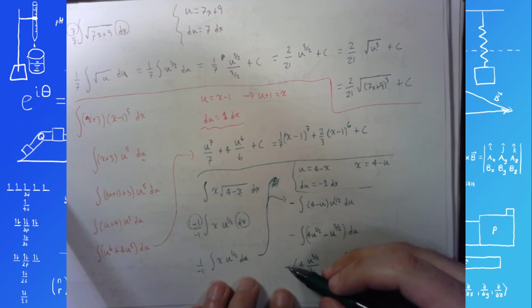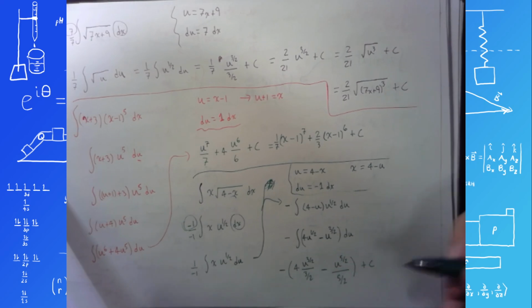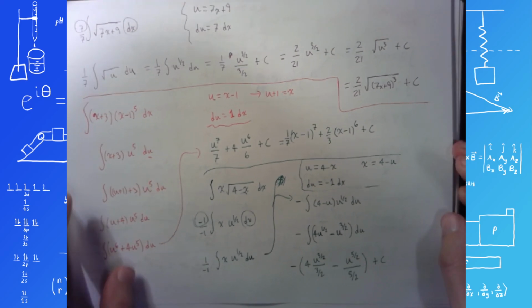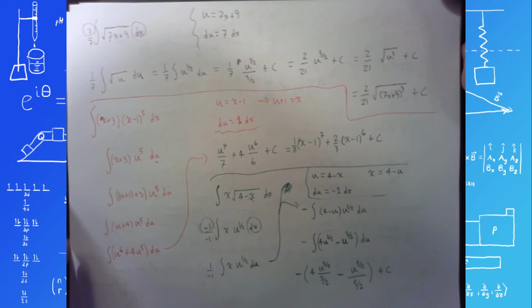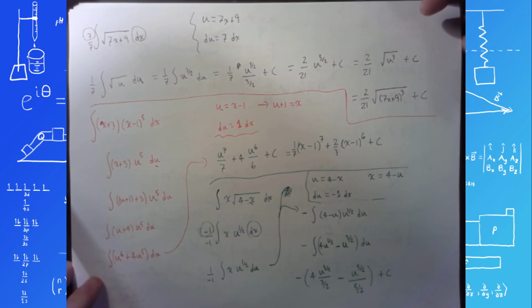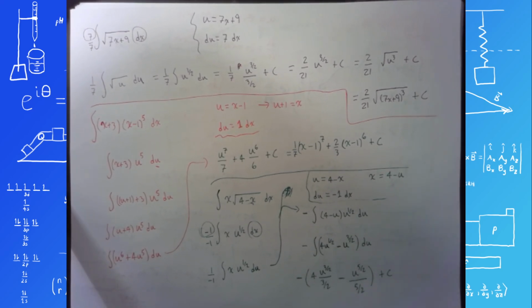And again, the negative sign, I could distribute it to the plus c, but the negative of a constant is just another arbitrary constant. Since we don't know what c is anyway, it doesn't matter whether we multiply it by a negative. The negative of c is just going to be a different c.